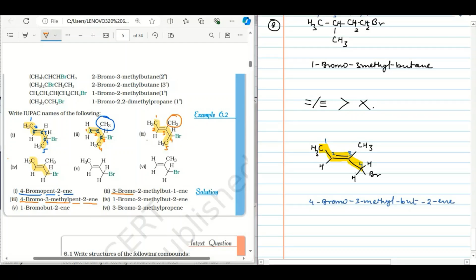So when you number it from here, 1, 2, 3 and 4, and name it, you will get 1-bromo-2-methylbut-2-ene.